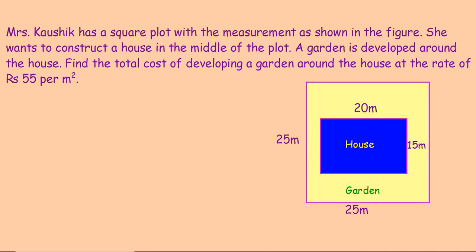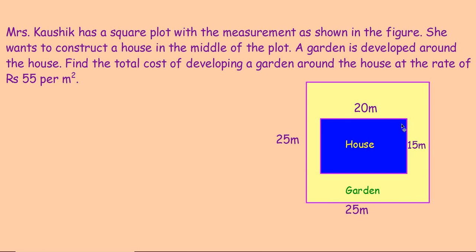Mrs. Kaushik has a square plot with the measurements as shown in the figure. She wants to construct a house in the middle of the plot. A garden is developed around the house. Find the total cost of developing a garden around the house at the rate of rupees 55 per meter square. This is the question. You can see it's a square plot of side 25 meter.